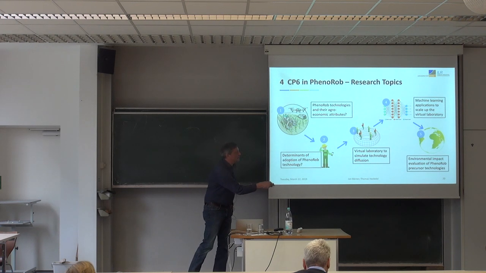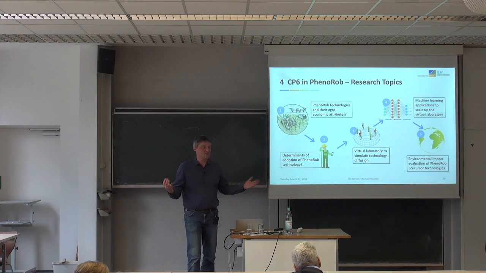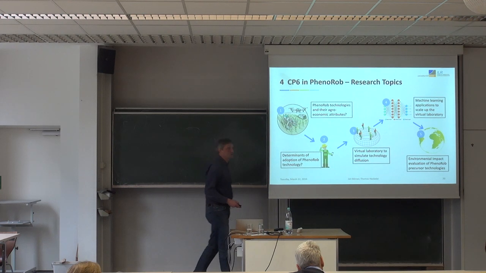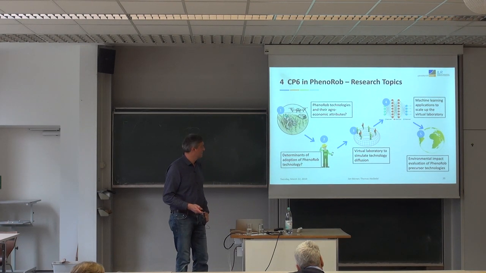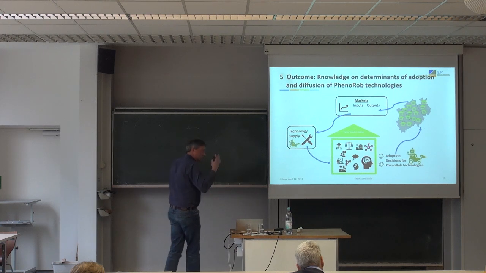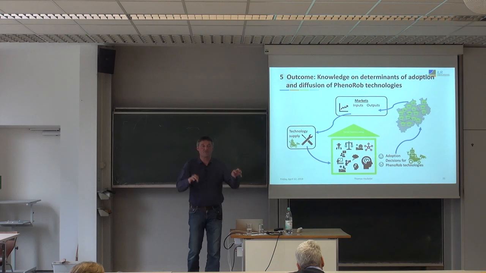And the environmental impact of PhenoRob precursor technologies, because we don't have many observations yet on what we develop, will also give us some insight on the potential here for the sustainability or the environmental part of the sustainability story. So the outcome: knowledge on determinants of adoption, and this is not only at farm level.